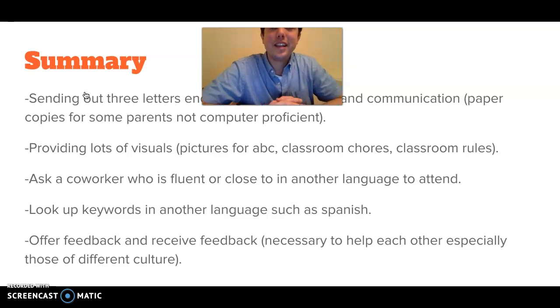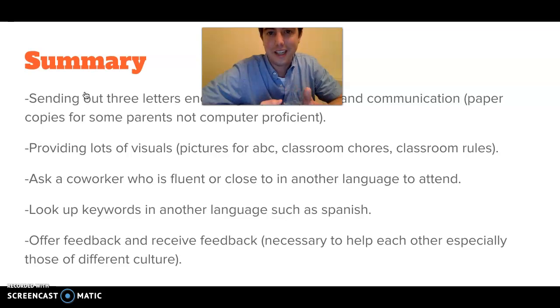In summary, given the cultural diversity that we face in classrooms, I'm sending out 3 letters, paper and online, because some people don't like online things. So I think it's necessary to always have paper when you're including participation from parents. Provide lots of visuals inside the classroom: a welcome sign outside, the bulletin board, pictures of family.